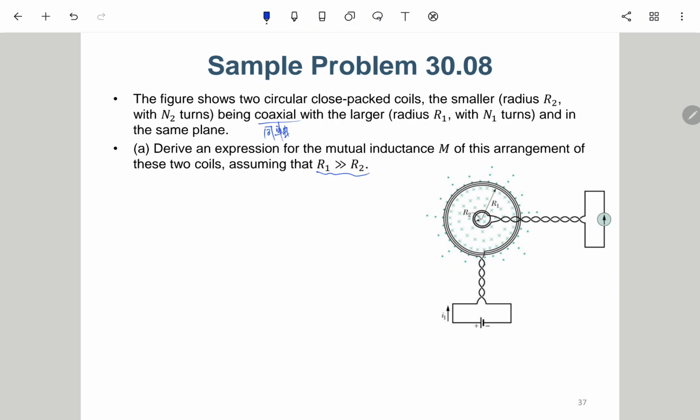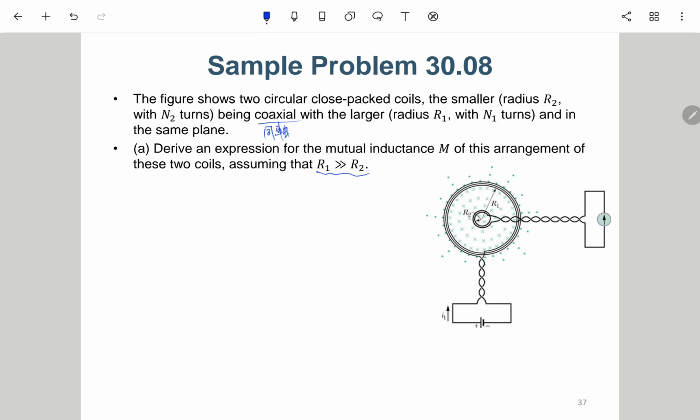Here we have a current i1, and we can change this i1 so that it generates a time varying B field, so that the magnetic flux through coil 2 will be time varying.